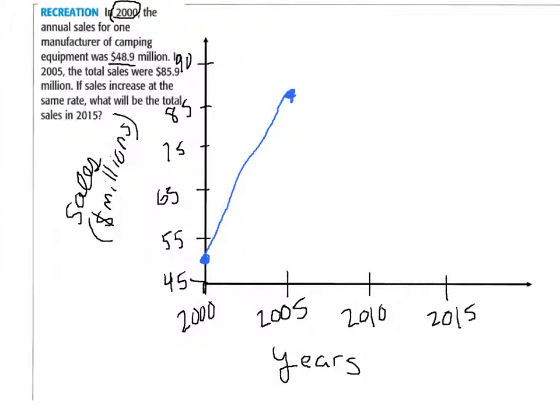I have to get all the way to 2015. So I have to go another 10 years beyond 2005. Now, if sales continue at the same rate, what we want to calculate, when we talk about rate, is the slope of that line. So for rate of change, that's the same thing as the slope, which, if you remember, is rise over run.